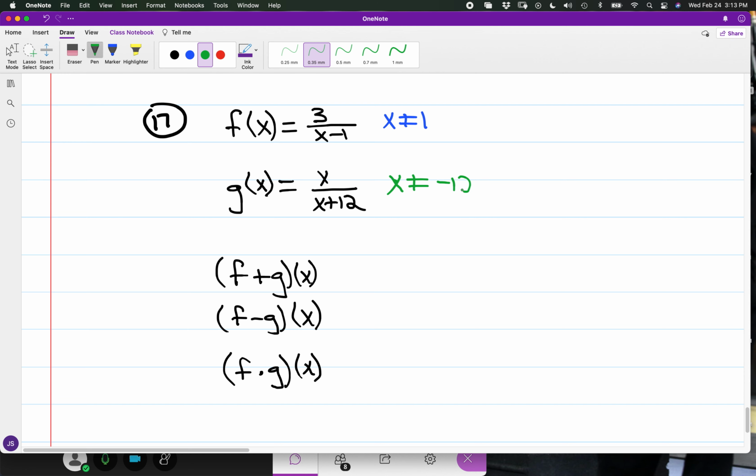Now for the sum, difference, and product functions, again, we need to work with f of x and g of x. So to be able to work with f of x, I cannot have x be 1. And to also be able to work with g of x, x cannot be allowed to equal negative 12.